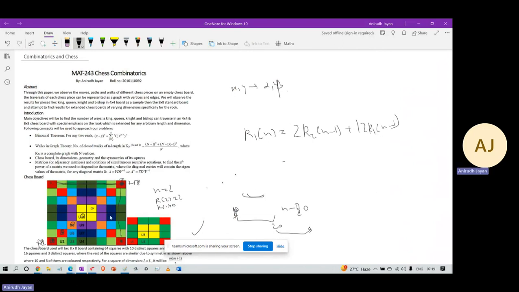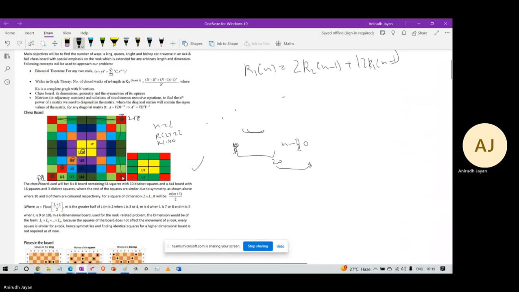Now why is this? Because once it reaches here and once it reaches here, it's the same as moving here in one step, because it shares one vertical or one horizontal.